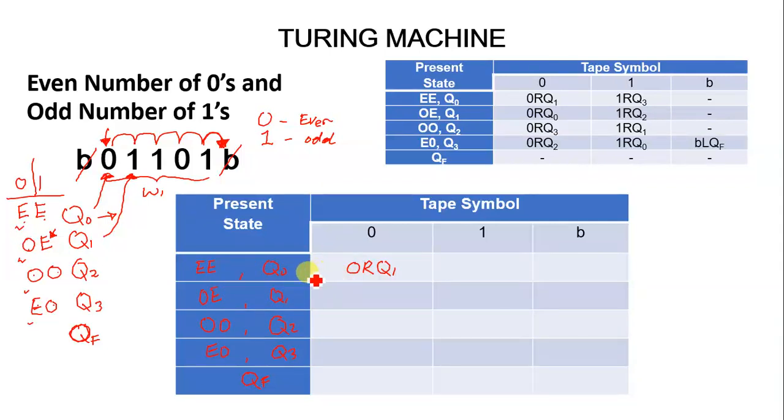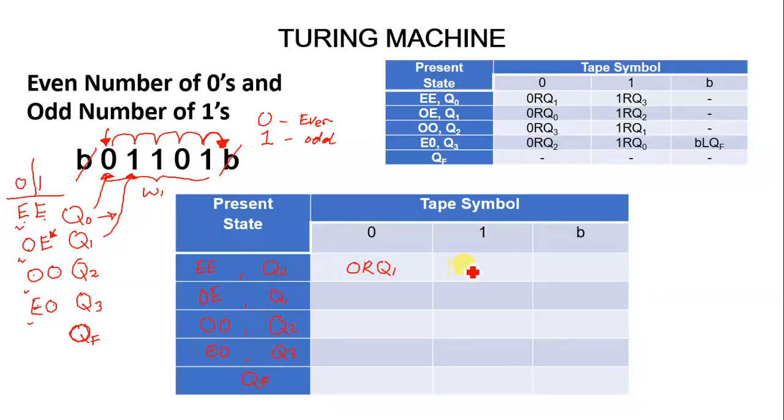Next, at Q0, if we read symbol 1, this will affect the number of 1s. With an even number of 0s, the even number of 1s will change to an odd number of 1s because we read symbol 1.